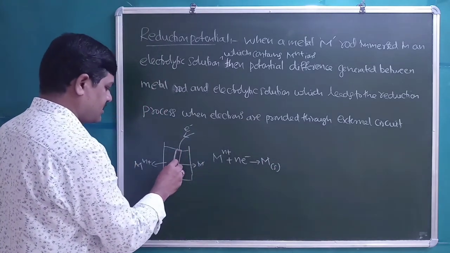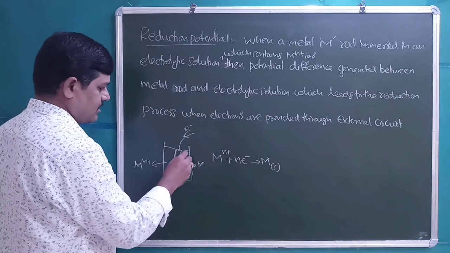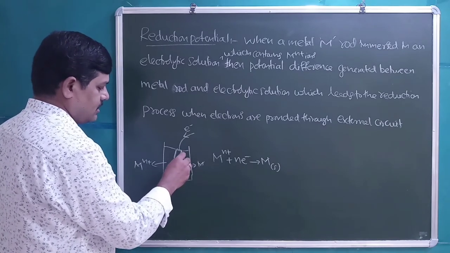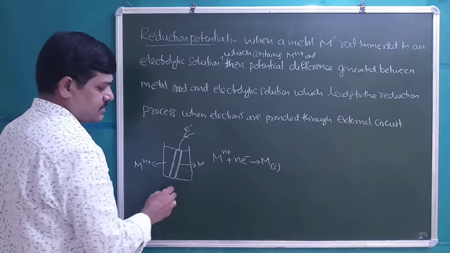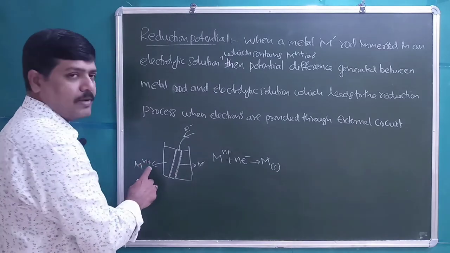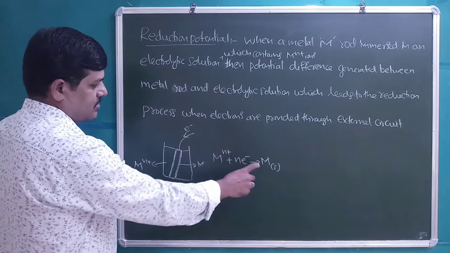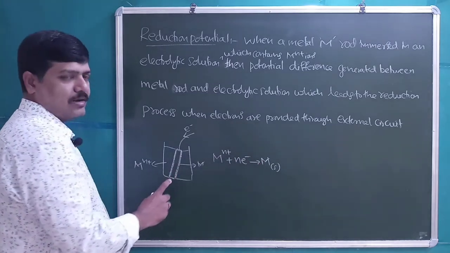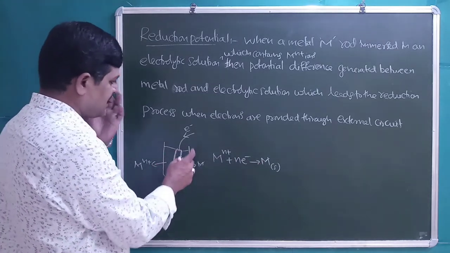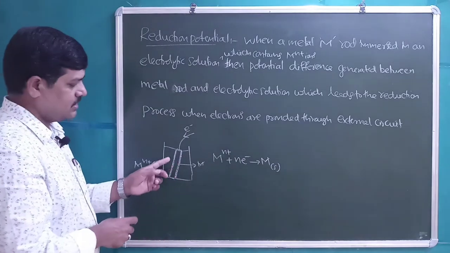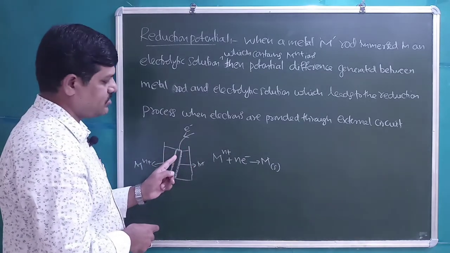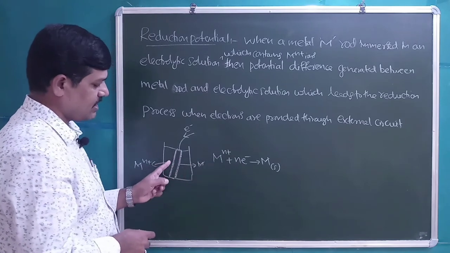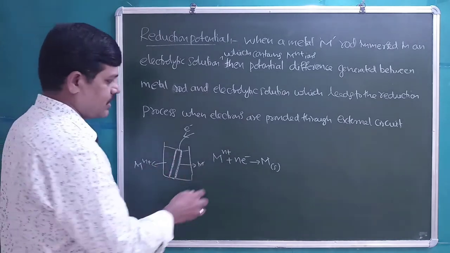Then it will deposit on the metal rod in the form of neutral metal atoms. Whatever Mn plus ions are there, they will accept the electrons and convert into the neutral metal. Here the potential difference generated between the metal rod and the electrolytic solution, which leads to the reduction process, we can call a reduction potential.